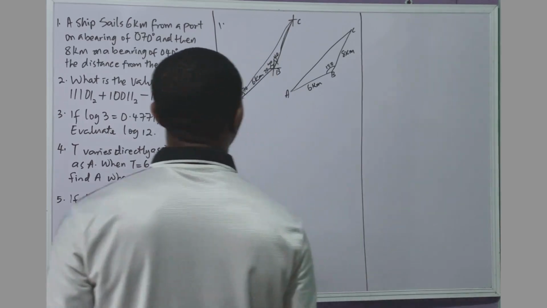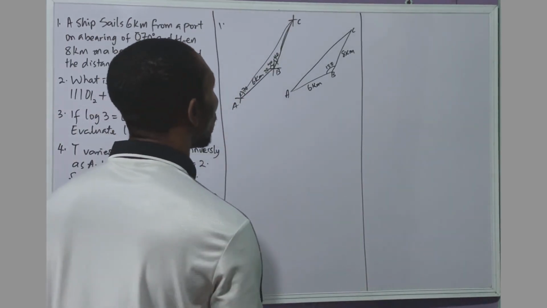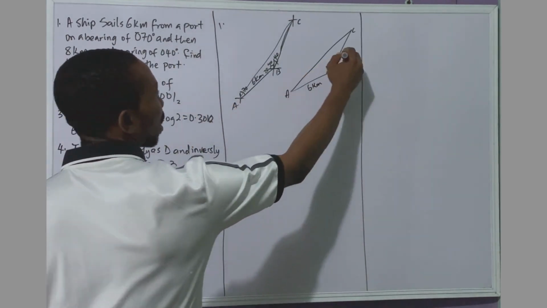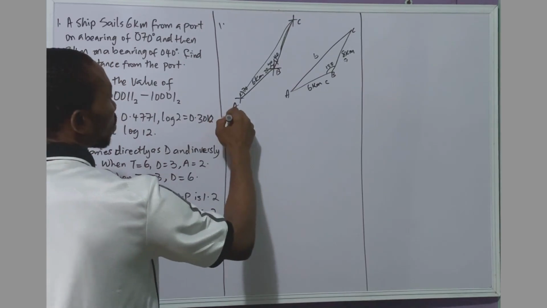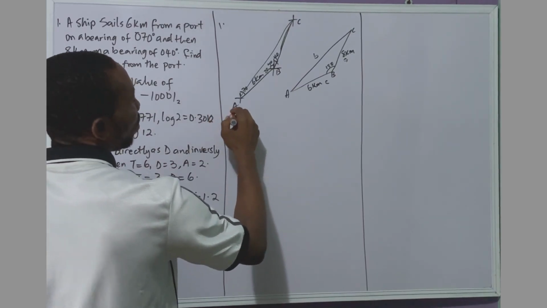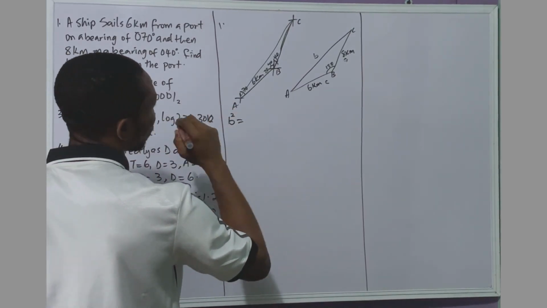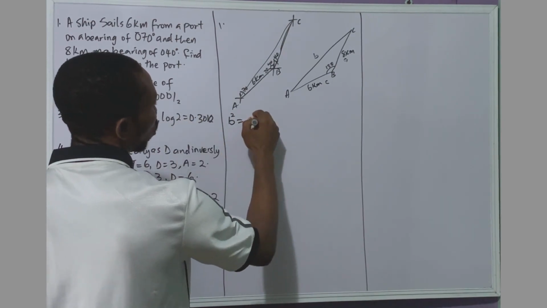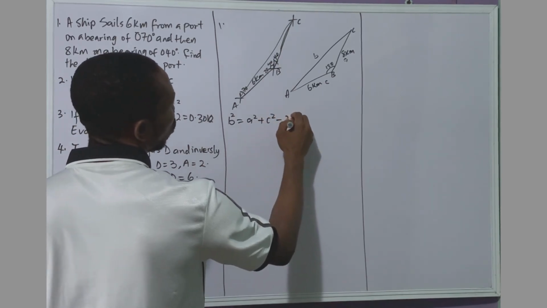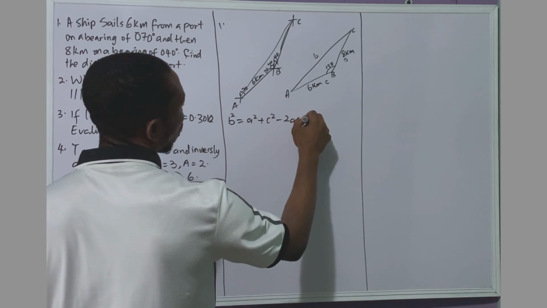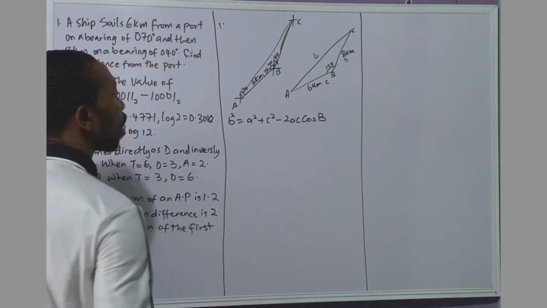Cosine rule. Now, in application of our cosine rule, we are saying this is small a, this is b, and c. So this becomes b squared equals a squared plus c squared minus 2ac cos b.